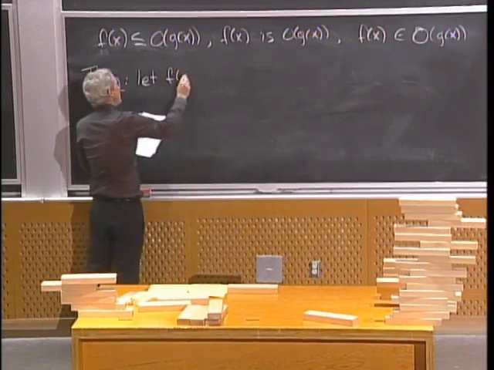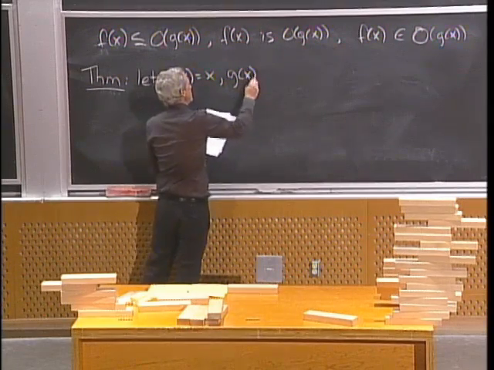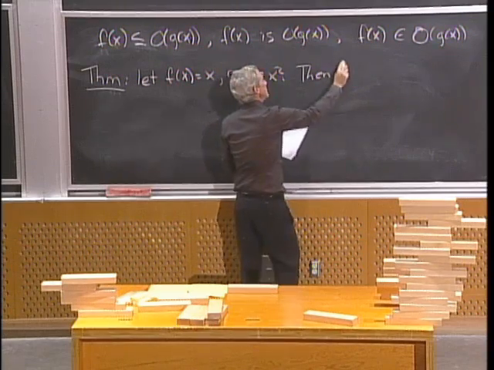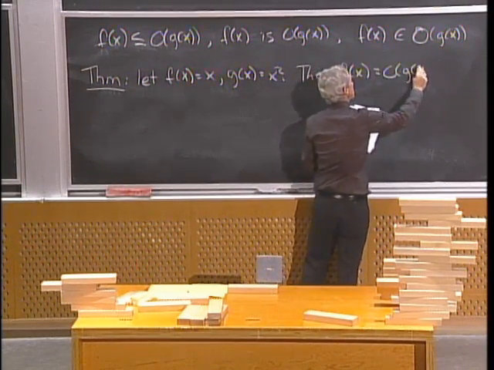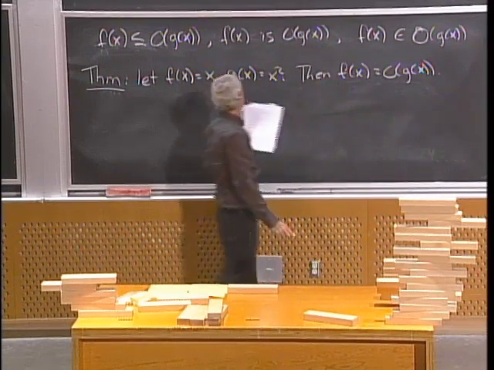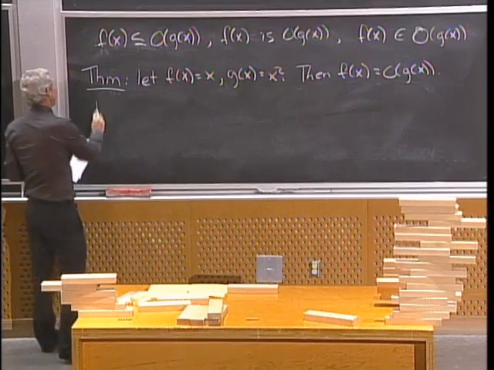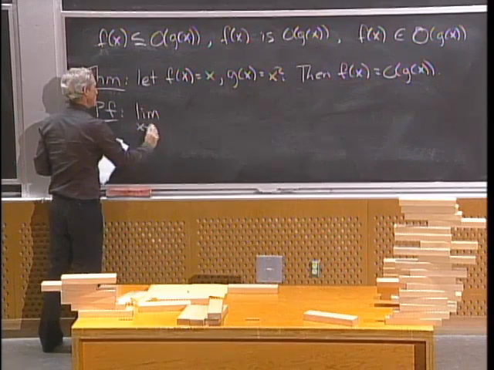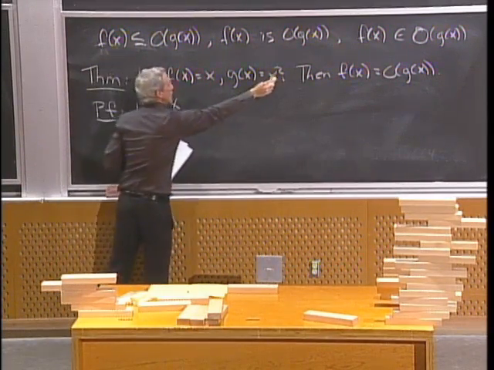Let f of x be the function x and g of x be the function x squared. Then, in this case, f of x is O of g of x, because x doesn't grow any faster than x squared as x gets large. To prove it, we take the limit as x goes to infinity of x over x squared.